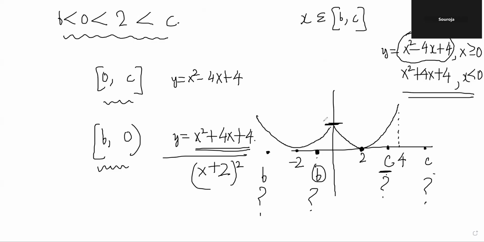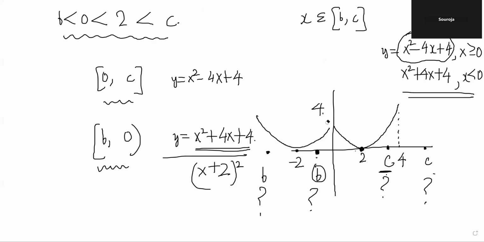In that case, maximum value is 4, minimum value is 0. And according to the question, minima was for B, and that doesn't work because then we get B is 0, but B is less than 0. It's a contradiction.